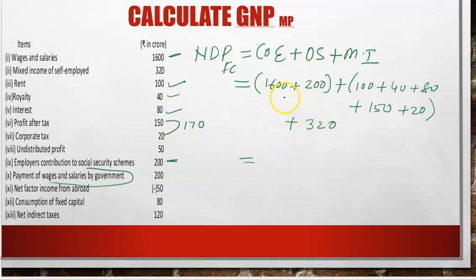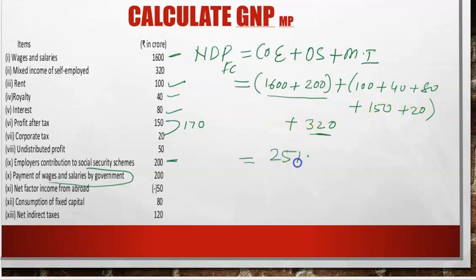Adding all these, this is 1800, then 1900, 2020, 2040, 2190, and 2510. We'll do it once again. It is 1800, then you can add this first, 2120, 2220, 2260, 2340, 2490, and 2510.